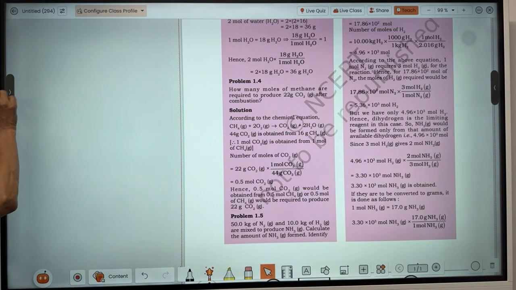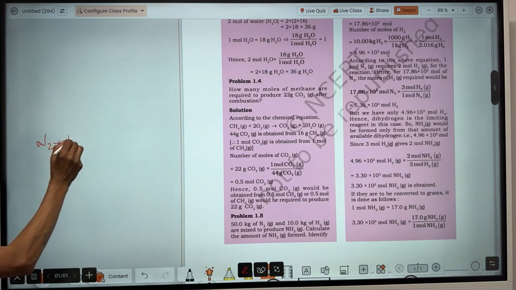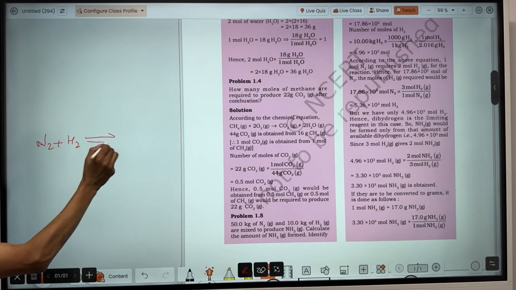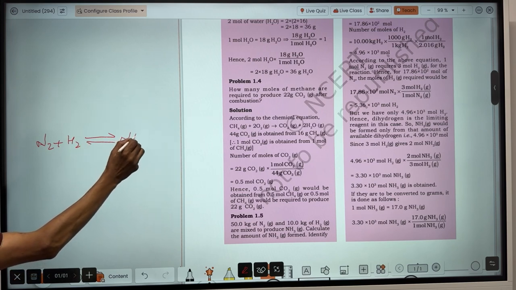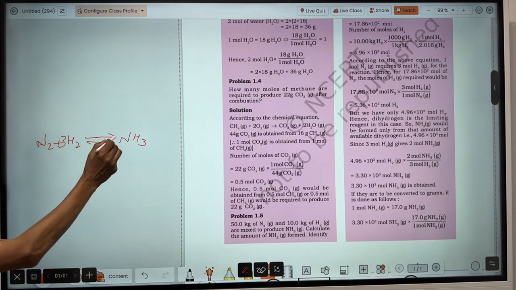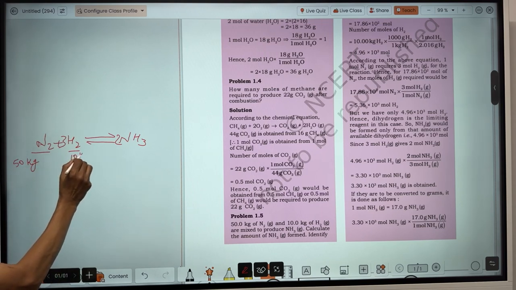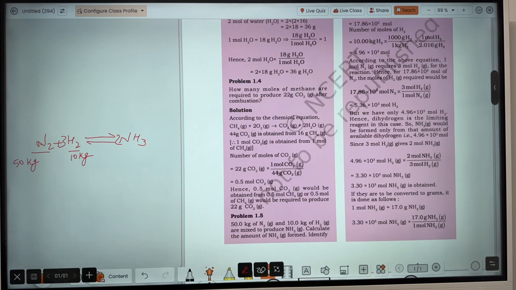So write the reaction here. Nitrogen reacts with hydrogen and there is formation of ammonia. The amount of nitrogen given is 50 kg. The amount of hydrogen given is 10 kg. Okay, so let's see here.